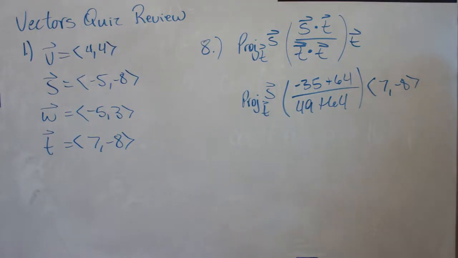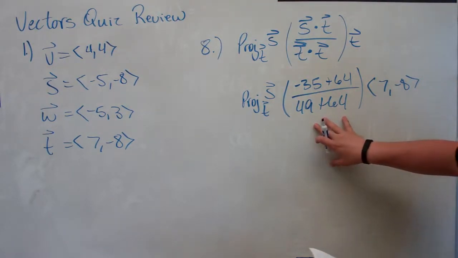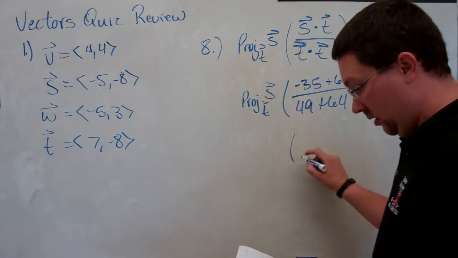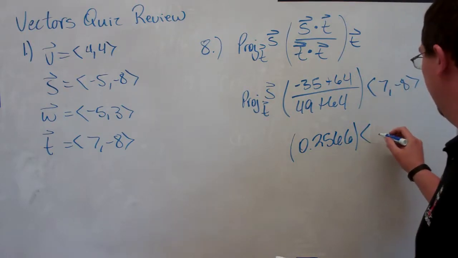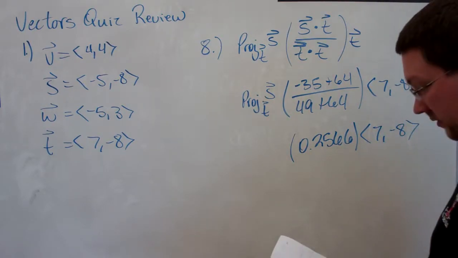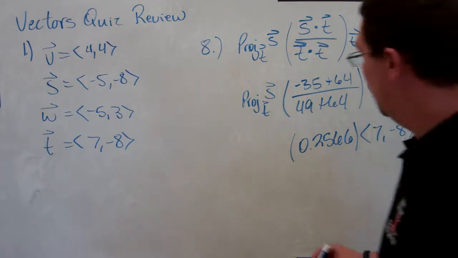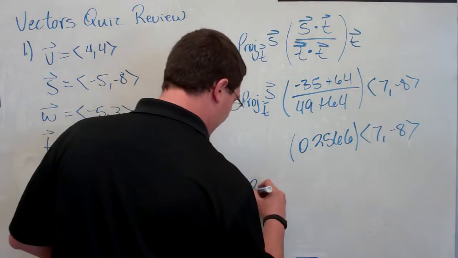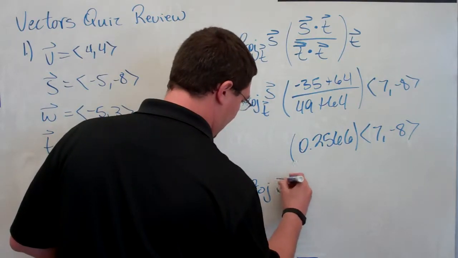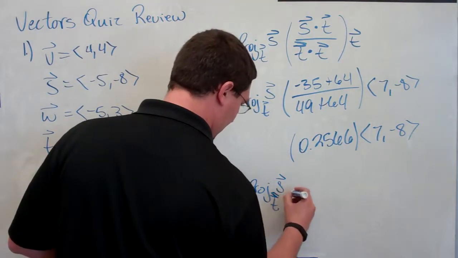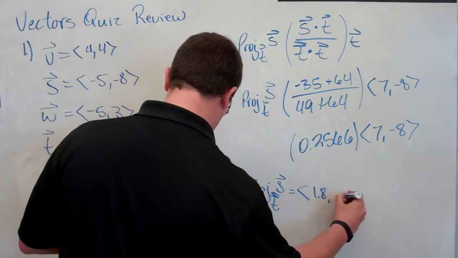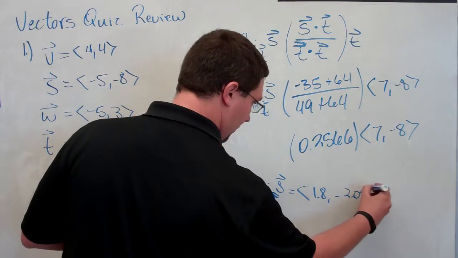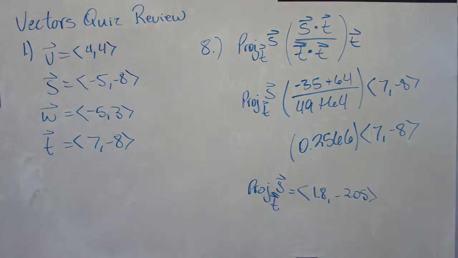When you do these parentheses in your calculator, you're going to get 0.2566. Multiply that by 7 and negative 8. After you do that, your projection of S onto T will equal 1.8 comma negative 2.05. So that's going to be your projection.